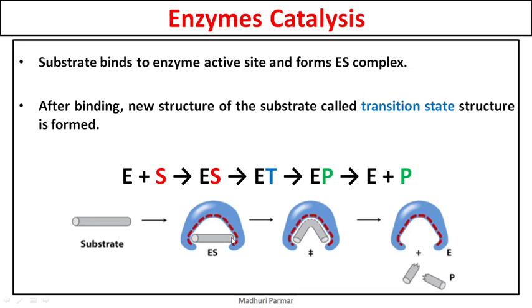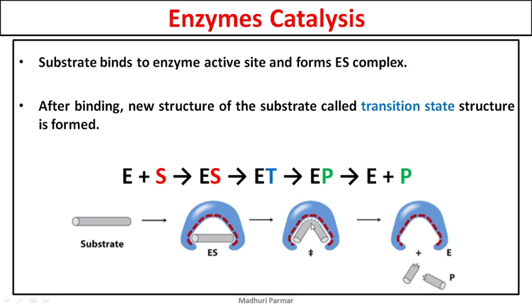Just think of, let us say, a chalk in between your hands. If you try to push it, it is bending. It will bend to fit this active site. So this is called transition state. Before breaking, it is bending a little. So this is ET, enzyme transition state complex.